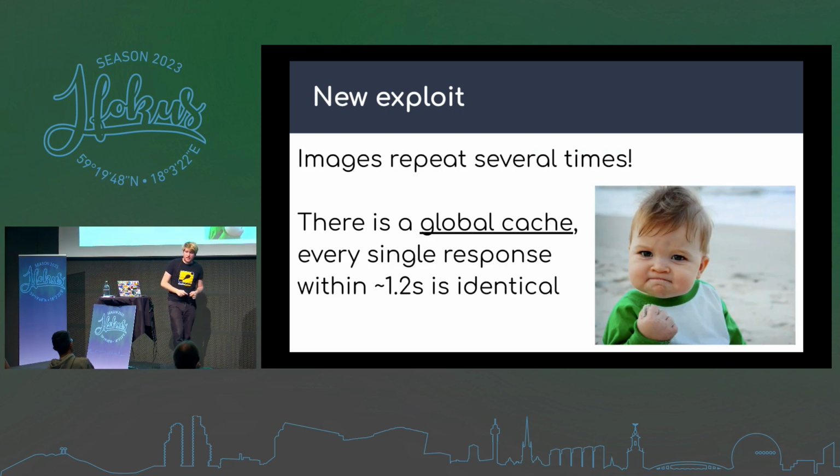I tried this from 2 different IPs over the world, and the images are also the same. Which means that wherever you are in the world, if you query thispersondoesnotexist.com at the same time, you will have the same image.